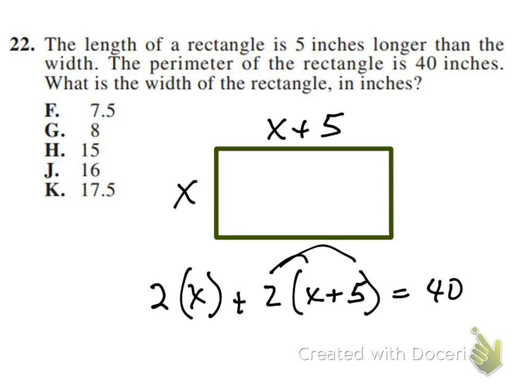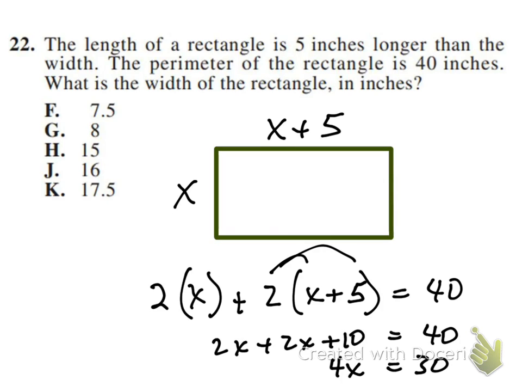So that's 2x plus 10, right? So we get 4x equals, subtract 10, 30. 30 divided by 4 is 7.5.